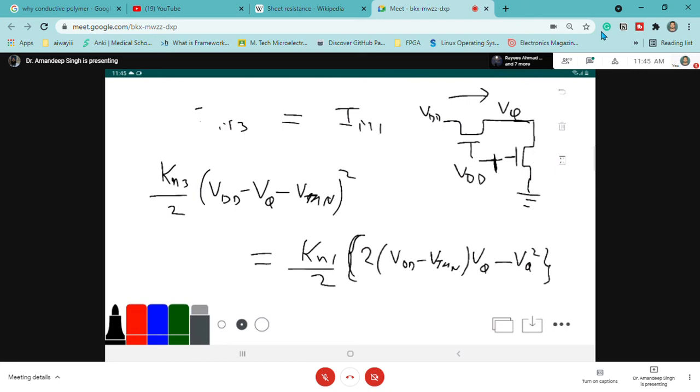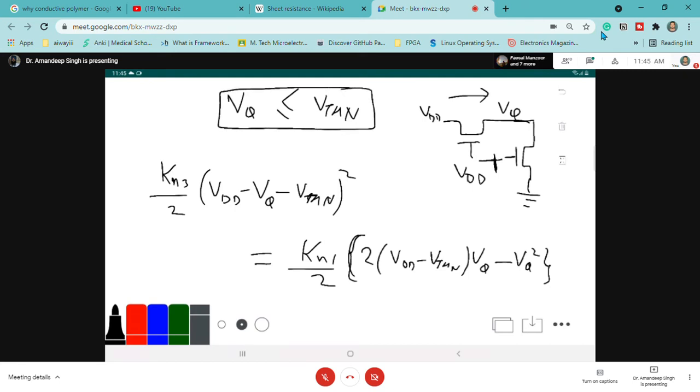Now, I know that VQ should be less than or equal to V threshold of M2, which is basically V threshold of N. We are assuming that the threshold voltage of all the NMOS is equal. So this should be the condition.